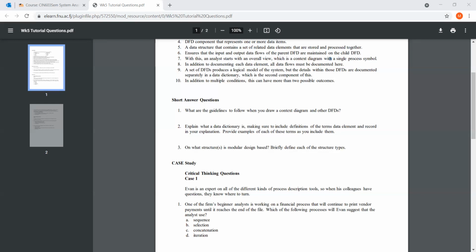The next type of design that you have is a selection-based design. So selection, put down a dash.